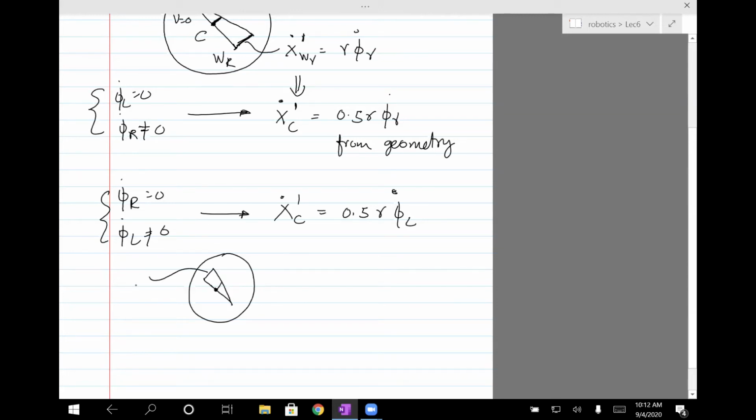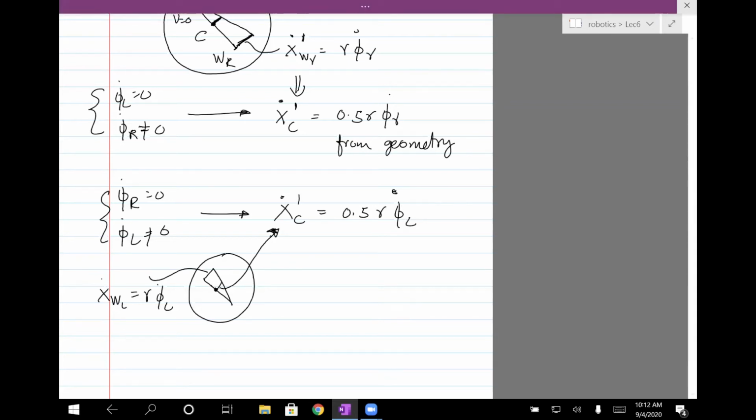This is going to be x dot WL equals R times phi dot L, and then this distance is basically given by x dot C1. So it's basically doing the same argument 2 times. These are 2 special cases when one of the speeds is 0.